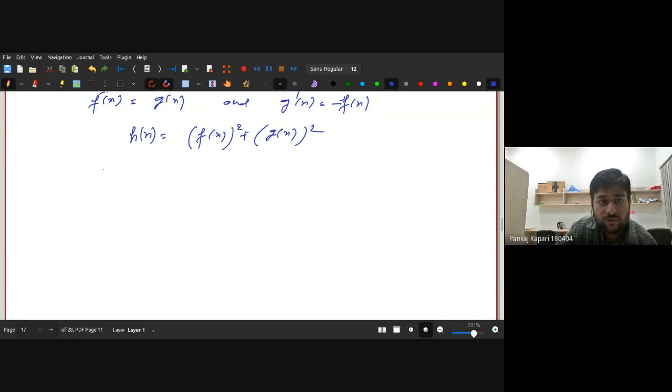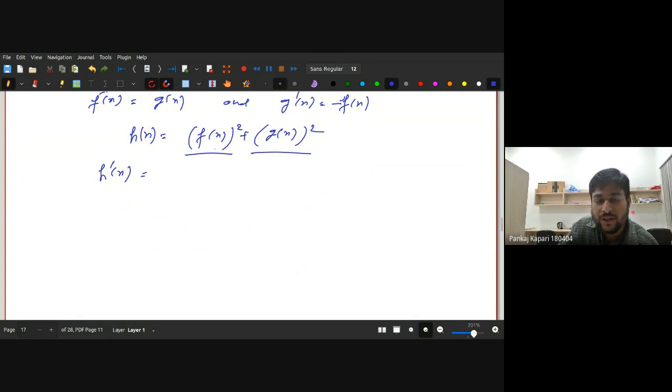So what can we say about the function h? For this, we will just differentiate this function. We can differentiate, right? Because f and g both are differentiable, so their squares are differentiable and their sum is also differentiable. For differentiation, we'll apply the chain rule and the algebra of differentiability. The derivative of this sum is the derivative of the first function plus the derivative of the second function.